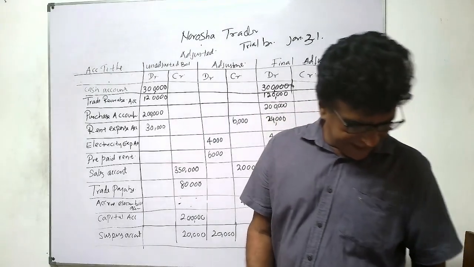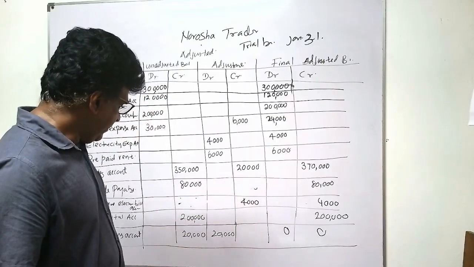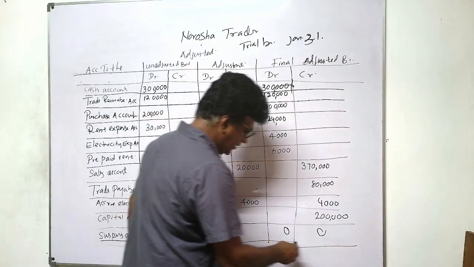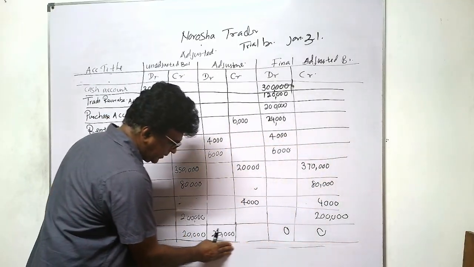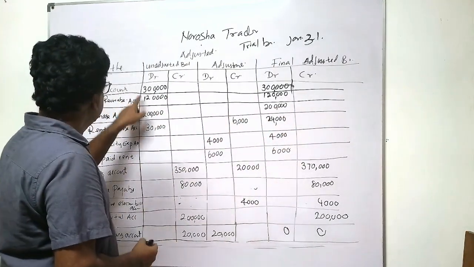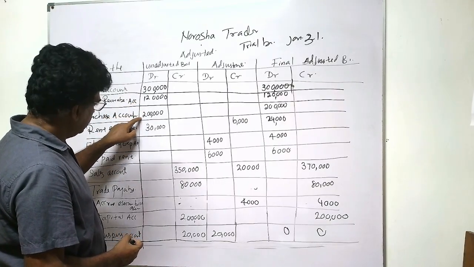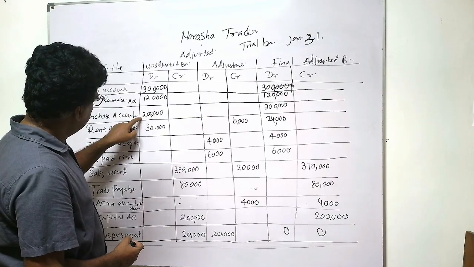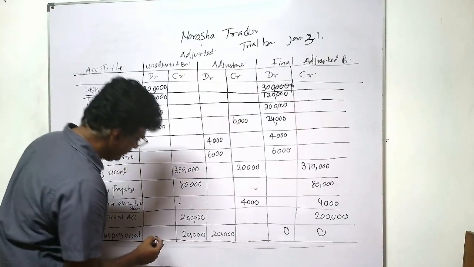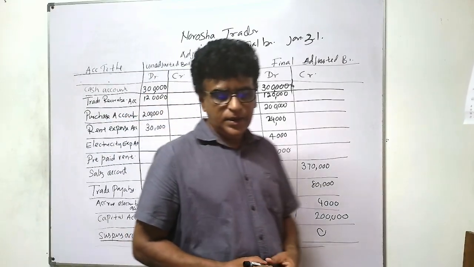And clearly we have to show the suspense account balance in the final balance as 0. This is the adjusted balance sheet. And finally we can get the total of all these columns, right?